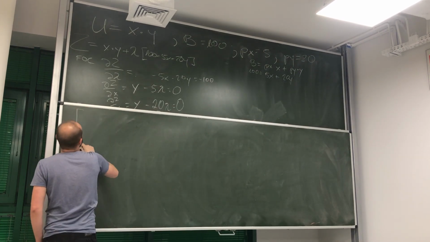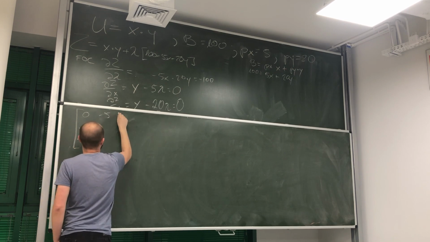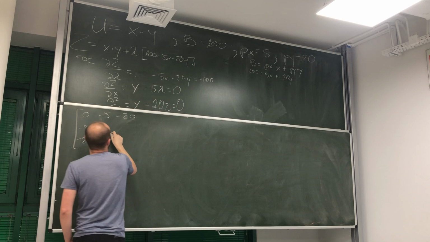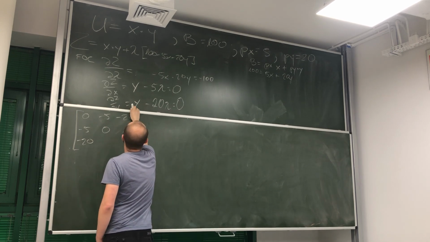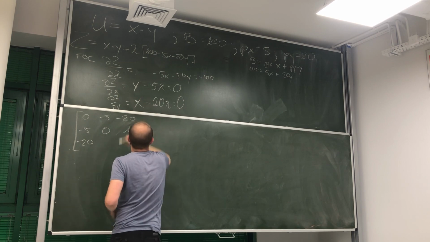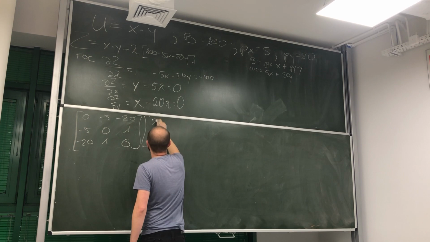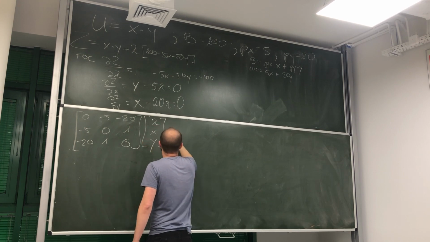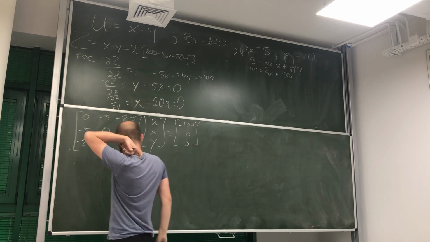We get the matrix 0, negative 5, negative 20; negative 5, 0, 1; negative 20, 1, 0, times lambda, x, y, equal to negative 100, 0, 0.